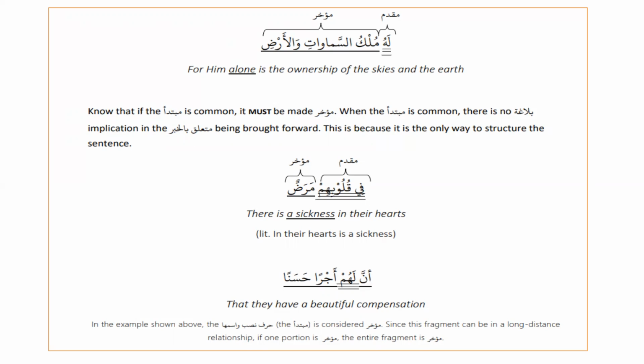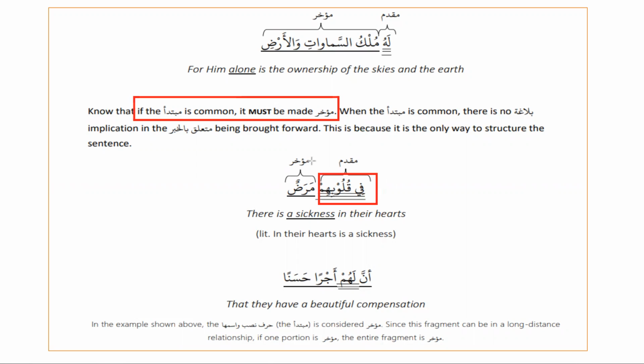So this is a grammar rule that if the mubtada is common, it must be made muakhar. So when we have a MBK which is muqaddam, fi qulubihim, and we have a mubtada which is muakhar but nakira, then there is nothing special about it, because this is the only way, this is the normal structure.